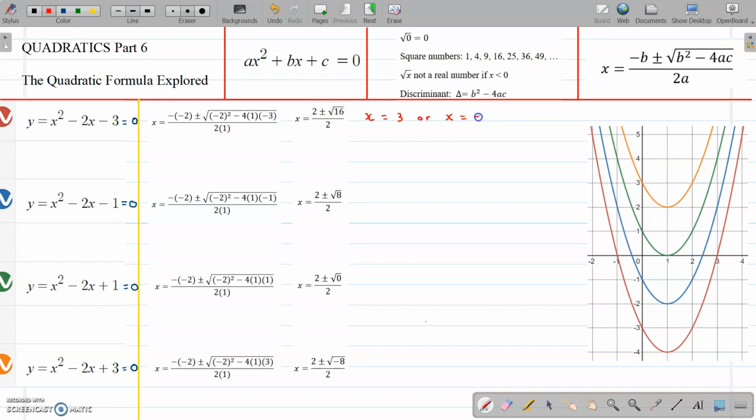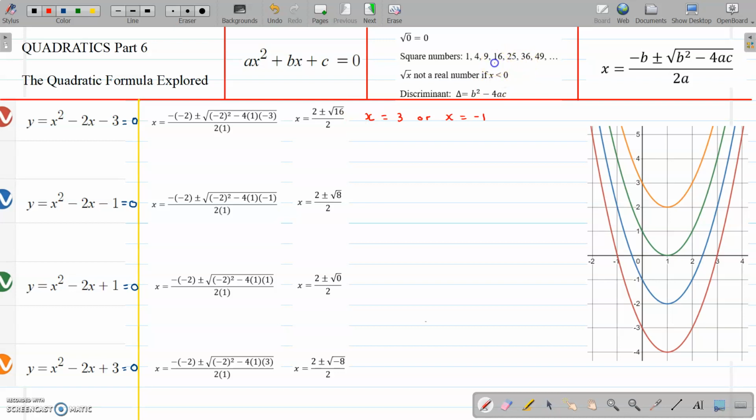Now you can see from the graph that the solutions are -1 and 3 anyway, and you also could have factorized this one. The way that I know it could have been factorized is because the discriminant is a square number.